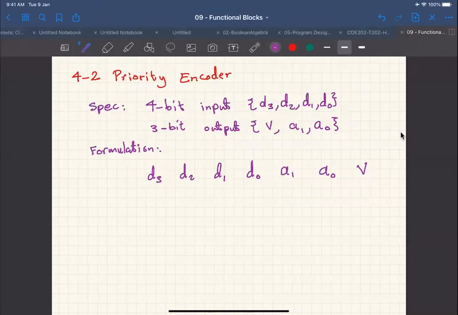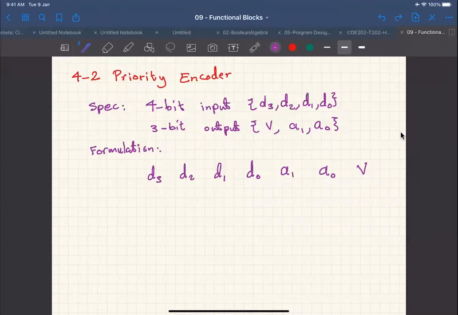Yes, it's 16 basically. It's 2 to the 4 rows in the input, but we are going to introduce don't cares in the input because there is priority encoding here. So don't worry, we are not going to list 16 inputs.